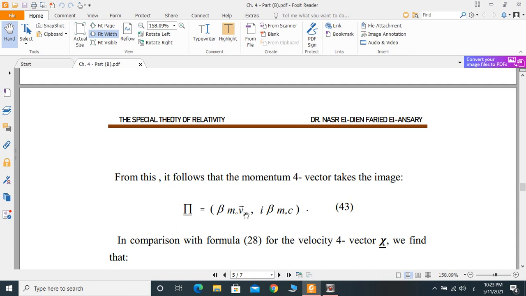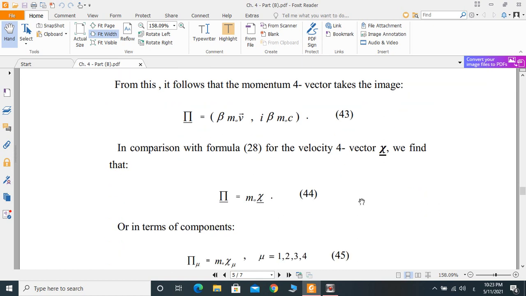Comparing this with the velocity four-vector kappa, we find that B can be written as B equals m naught kappa.